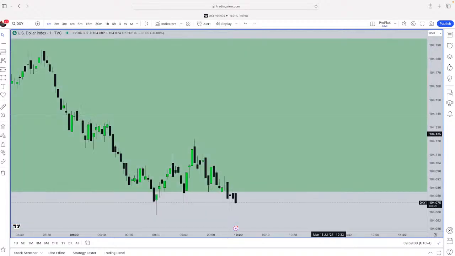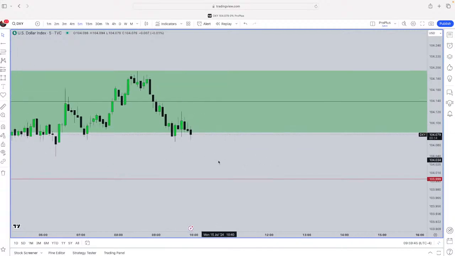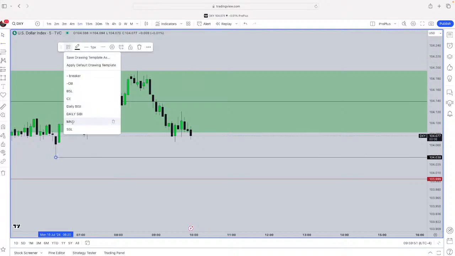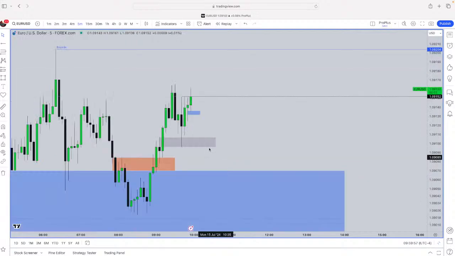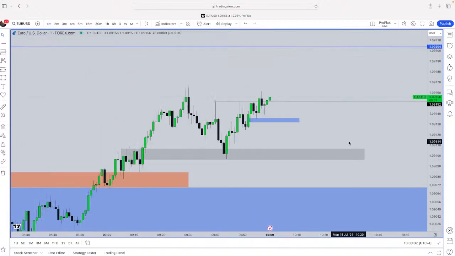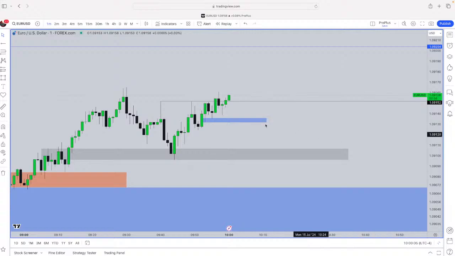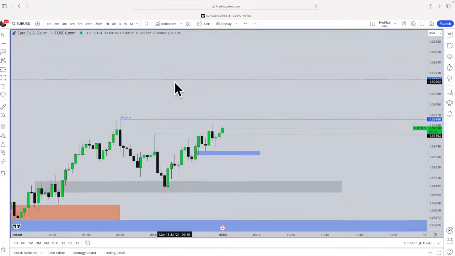Take a look at dollar. Dollar's breaking out, which is good. Slowly but surely chomping down. Next draw will be here. Buy side will be here, and then buy side there.